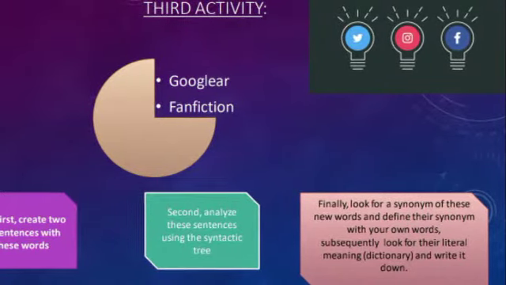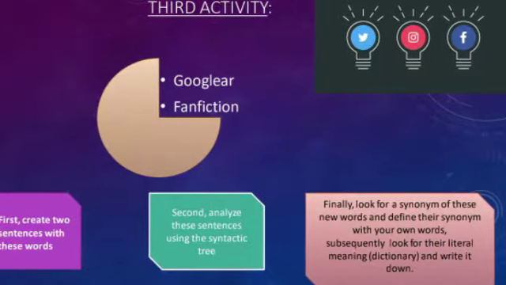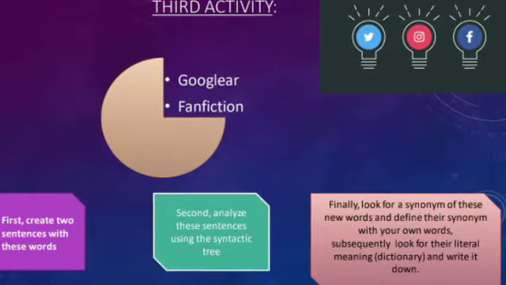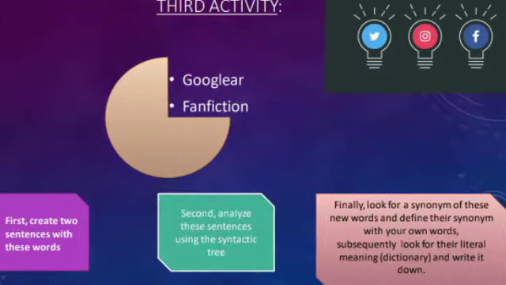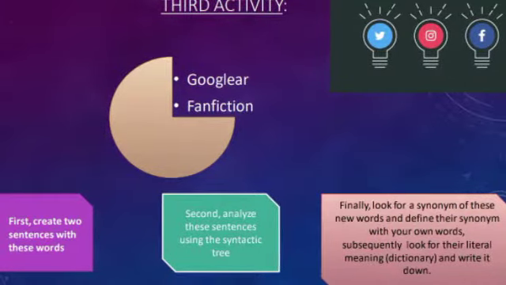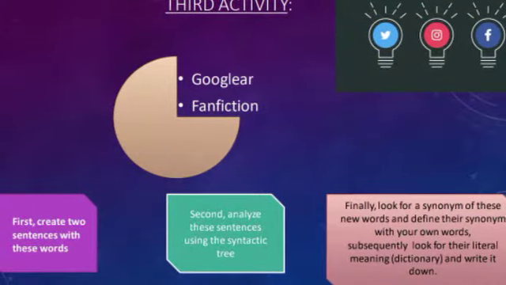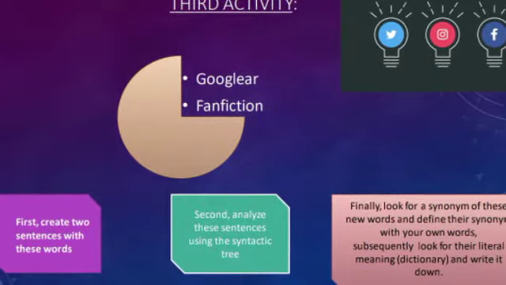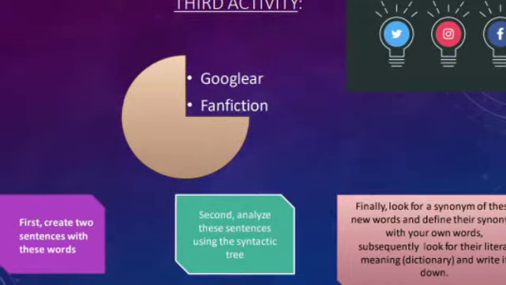Third activity. On the board, there will be two words that have been created on the internet. First, students have to create two sentences with them. Then, students have to use the syntax tree to discover their elements.